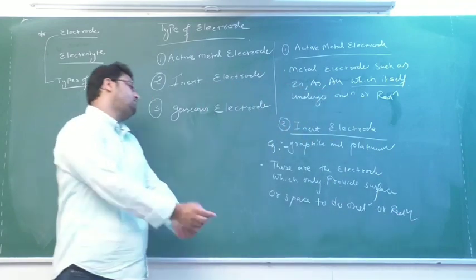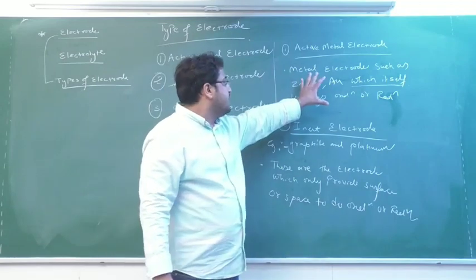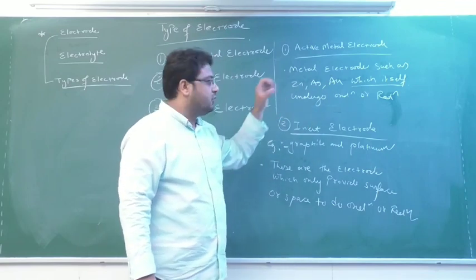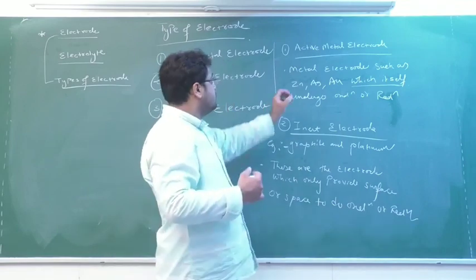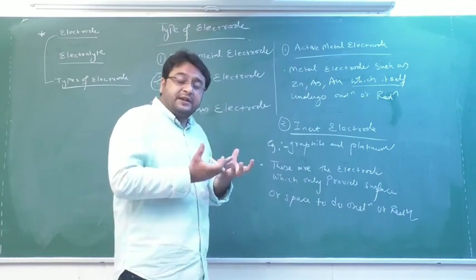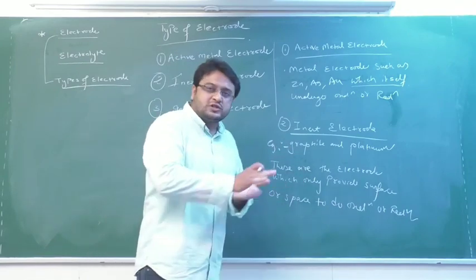Here, what is the basic difference? Here, they themselves undergo change. They will get lost, and weight will reduce. They are giving their sacrifice to do the reaction. Who? Active metal electrode. They sacrifice either by losing or by gaining. Here, no sacrifice is done.